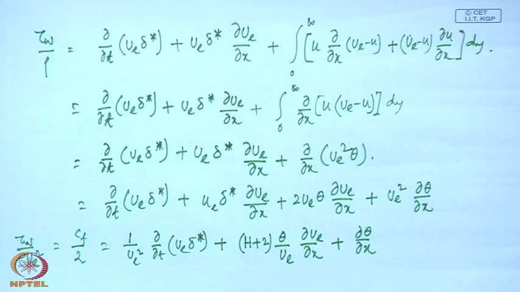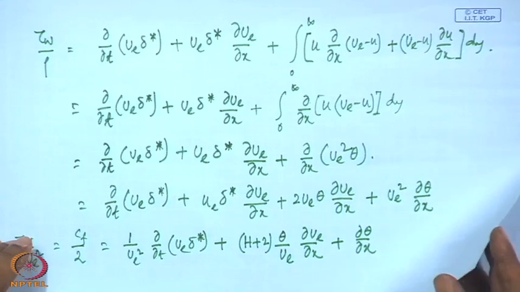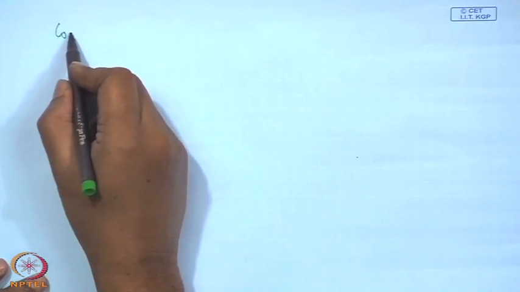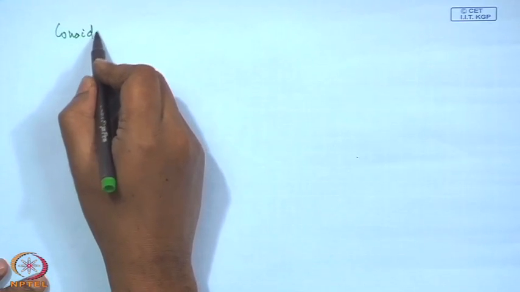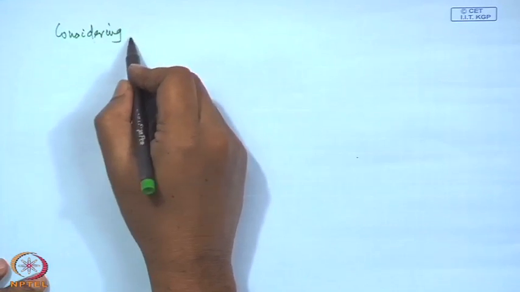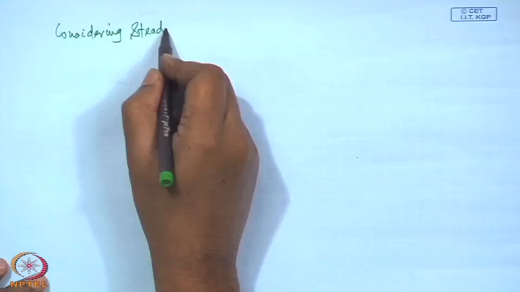an integral form of the boundary layer equation is known as von Karman momentum integral equation or boundary layer momentum integral equation. If we consider steady flow, then this equation becomes, if we consider steady flow, then all the derivatives will be ordinary derivatives.